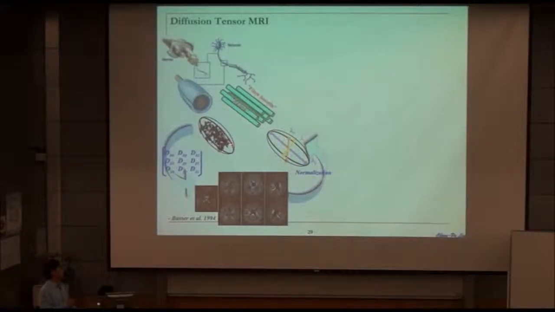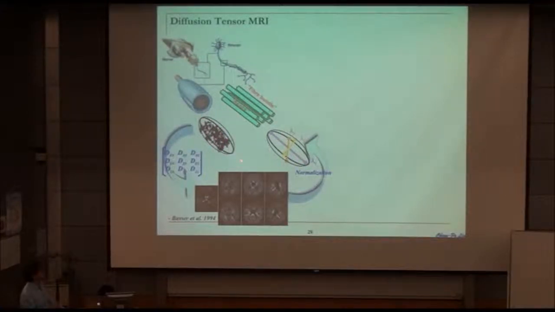And mathematically, he showed that we can use a tensor to represent the ellipsoid model. From that, there are 9 different numbers we have to measure. But you notice that diffusion along this direction is the same as along this direction.